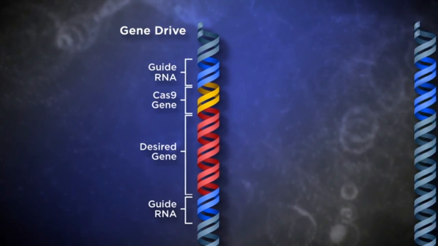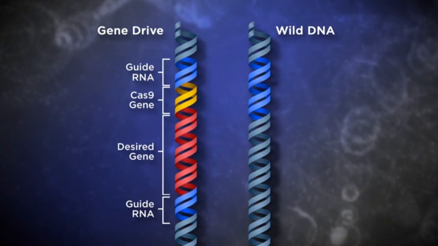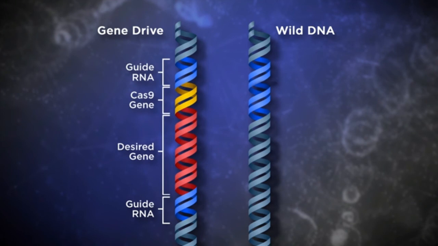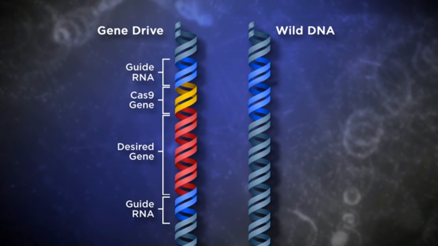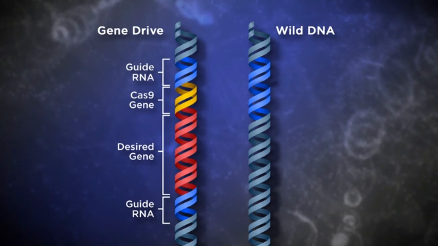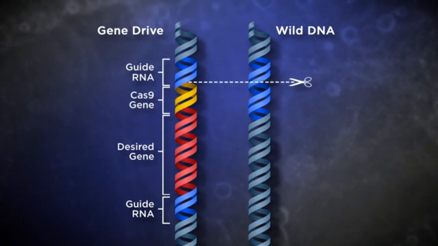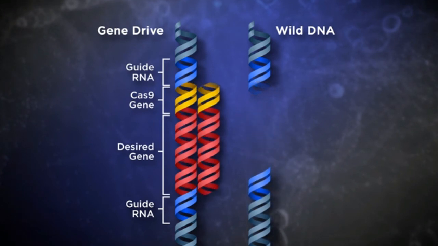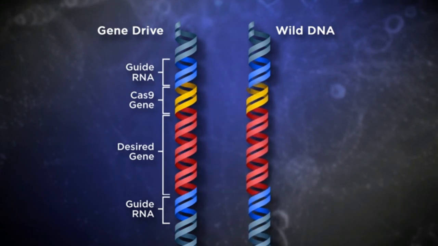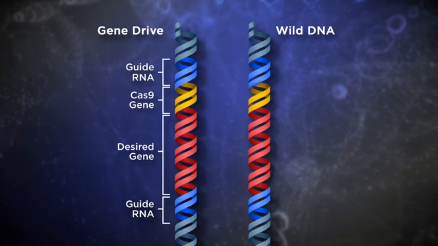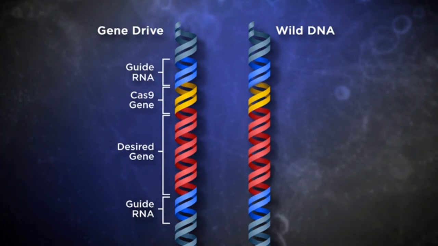When an engineered mosquito is mated with a normal mosquito, the offspring will have one normal version and one mutant version of the gene. In this mosquito's cells, the guide RNA will direct the Cas9 to cut the normal version of the gene. And you know what happens next. The mosquito's cells will try to fix the normal version. In cells undergoing meiosis, this repair happens by copying the other chromosome, which has, drum roll, the mutant version.